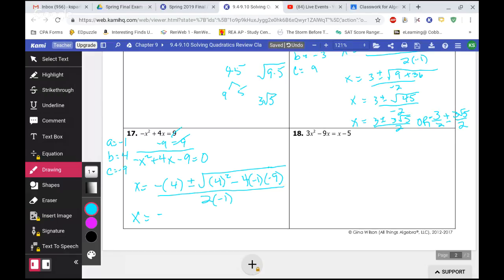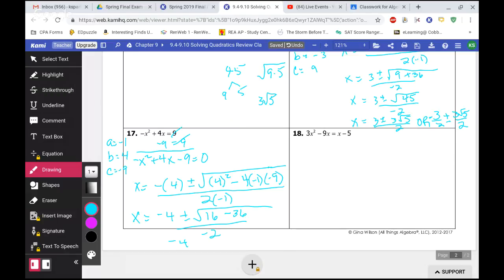So the opposite of +4 is -4. And then 4 squared is 16. Then -4 times -1 is +4, and +4 times -9 is -36, all over -2. So then 16 minus 36 is -20.